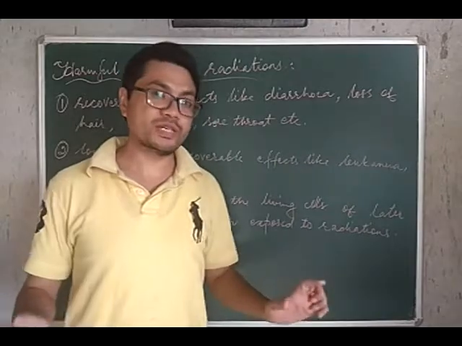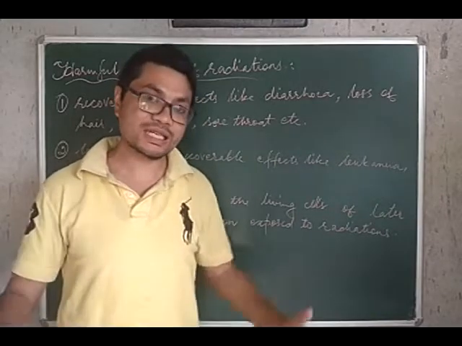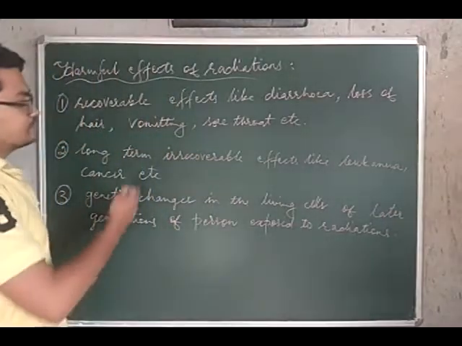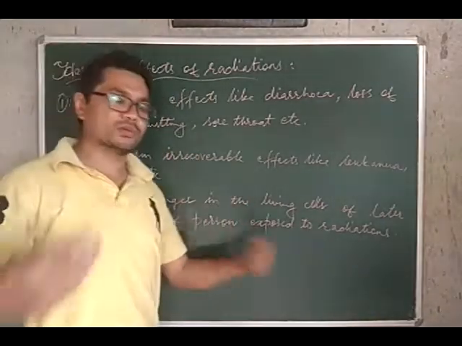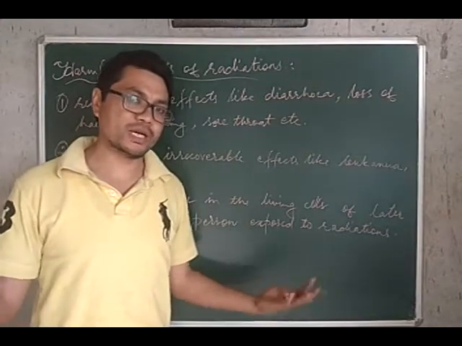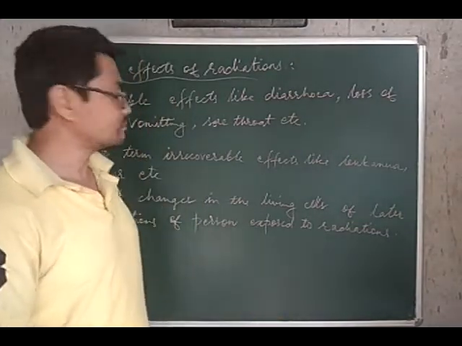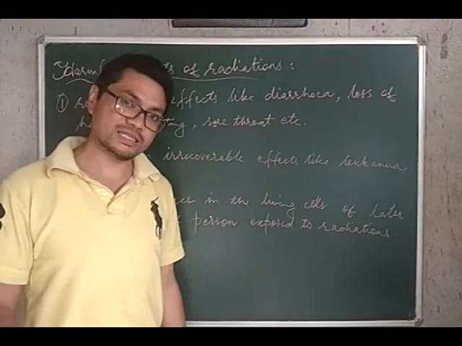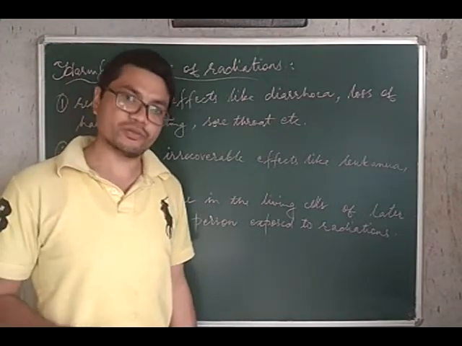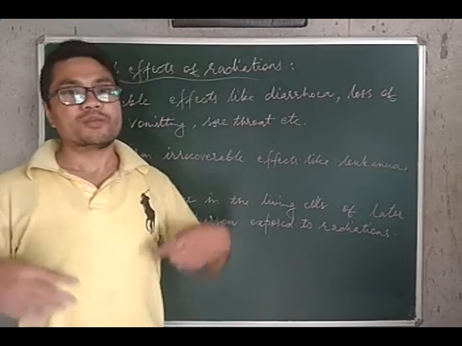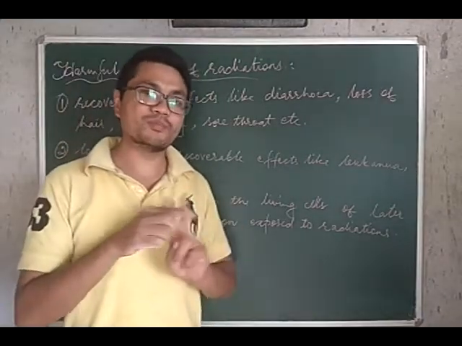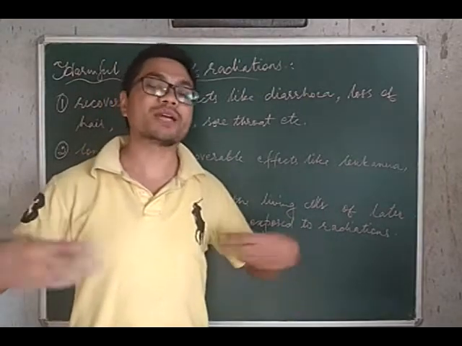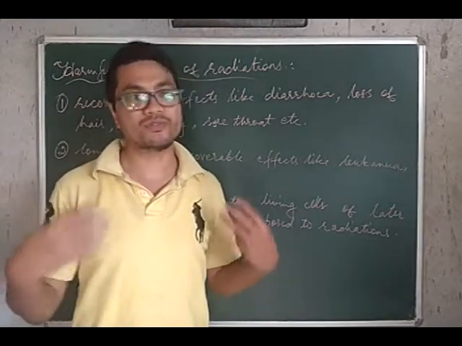Alright, it will be very, very dangerous because it can simply penetrate our skin and hit our vital organs. Now, if we are exposed to these radiations, alpha, beta and gamma radiations, mind you, alpha and beta are not radiations, they are particles. Gamma is a radiation, of course, but before people came to know that alpha and beta were particles, they thought they were some kind of rays, some kind of radiations.